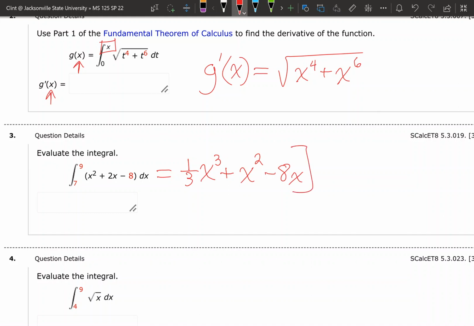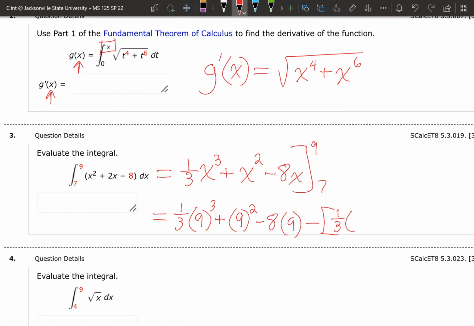Then we need to evaluate this thing, 7 and 9. So plug in the top number first. And then subtract everything that comes after that, so I like putting a bracket.